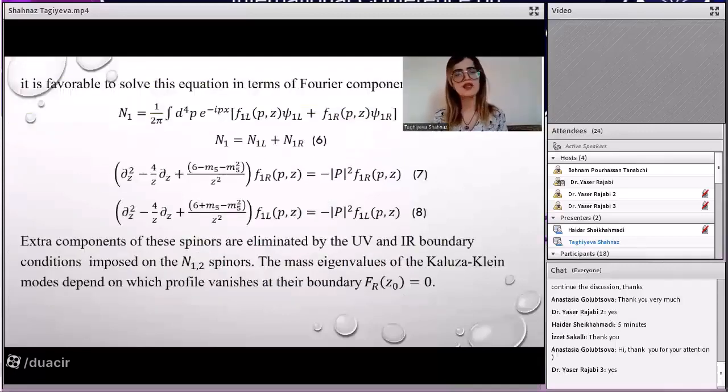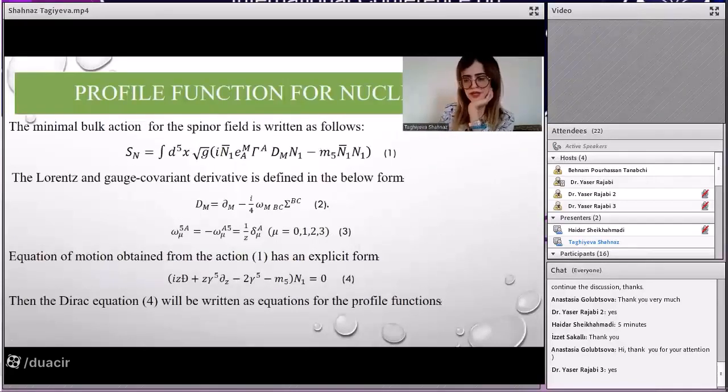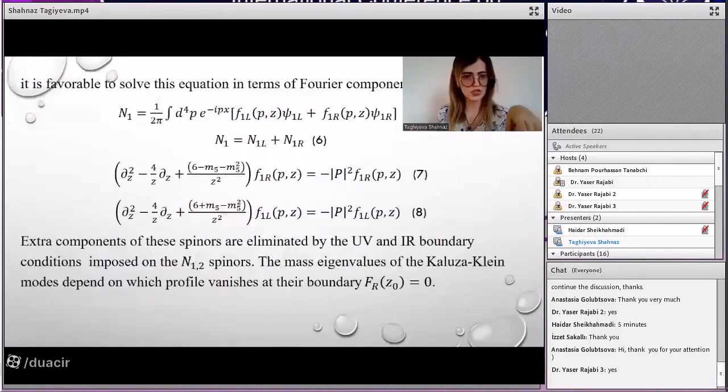It is favorable to solve this equation in terms of pre-camp functions as by formula. And if we take into account formulas 5 and 6 in the equation of motion, we can write expressions 7 and 8.